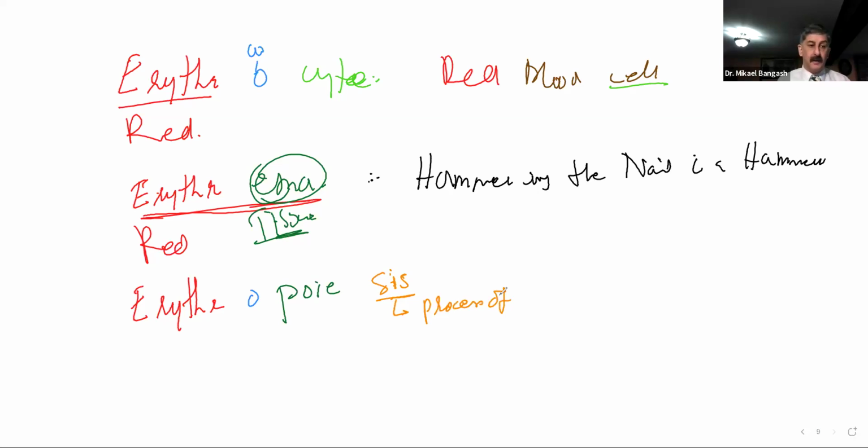Process of what? Something that has to do with the red, referring to the red blood cells. But they don't put the whole word erythrocyte, because it becomes too long.